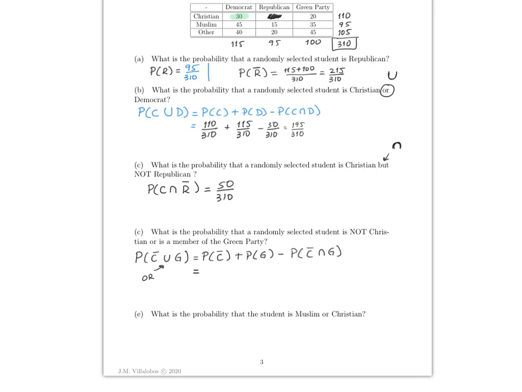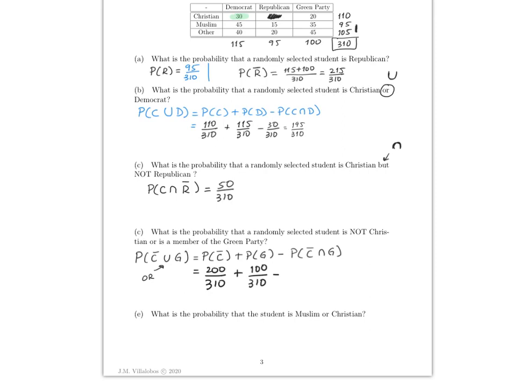Not Christian means that the person is Muslim or other. So in this case it is these two, which is 200 over 310. Now it says that it has to be a member of the Green Party. Well, there are 100 members of the Green Party, so this will be 100 over 310. And then finally, all the members of the Green Party that are not Christian.